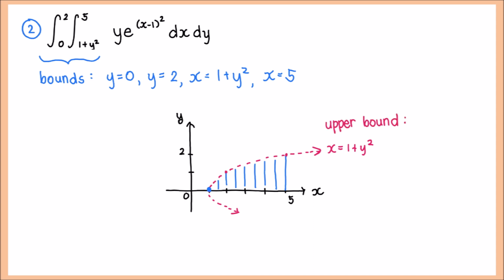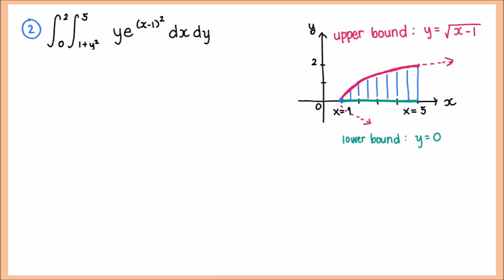We want it to be a boundary of y, so we solve for y. We have plus minus square root of x minus 1. But we are in quadrant 1, so we get positive square root of x minus 1. On the other hand, the lower bound is given by the x-axis, or y is equal to 0. For the bounds of x, you can see clearly from the graph that x is from 1 to 5.